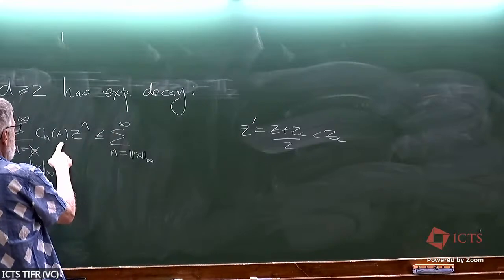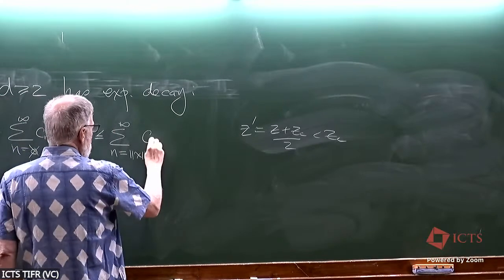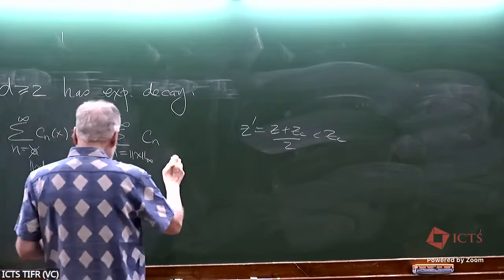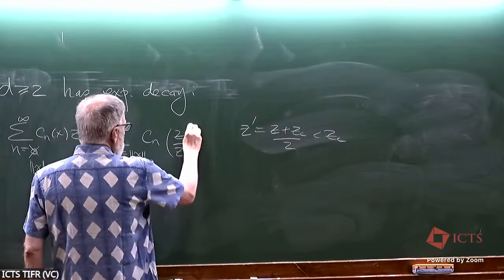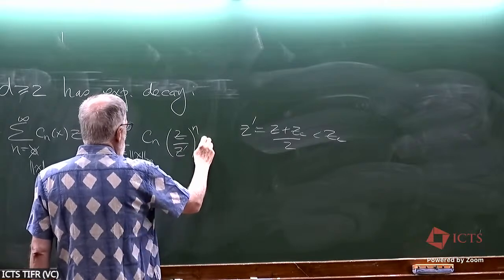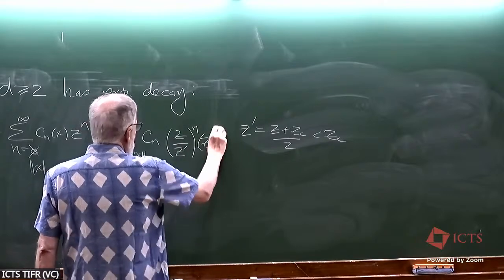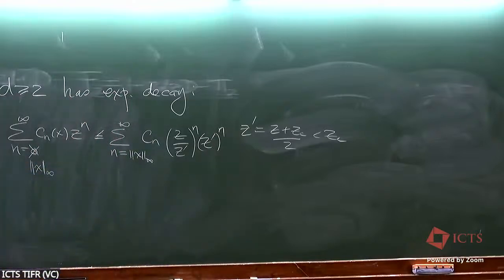I'll bound c_n of x just by c_n, feeling very generous. And then write (z over z prime) to the n times z prime to the n. So I've just multiplied and divided by z prime to the n, but the inequality is due to the fact that I forgot about the fact that I was only considering walks that end at x.